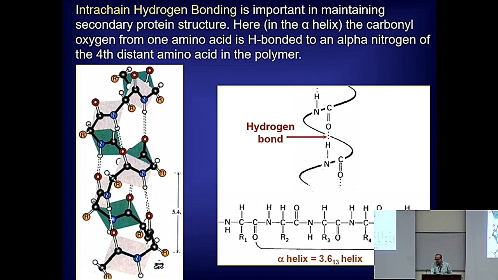We said a hydrogen bond is very weak, non-covalent. However, if you have 50 of them or 100 of them within that polypeptide, they're additive and they stabilize this alpha helical structure. Essential for maintaining the alpha helical structure.